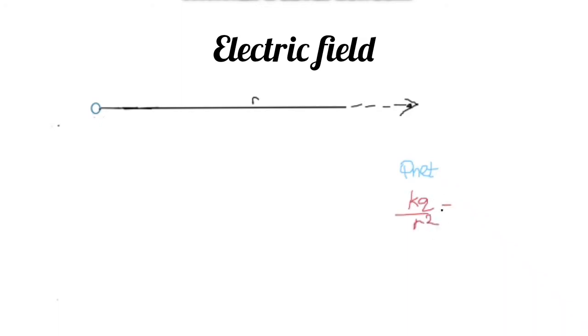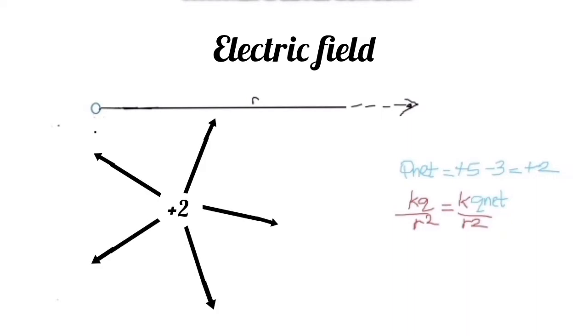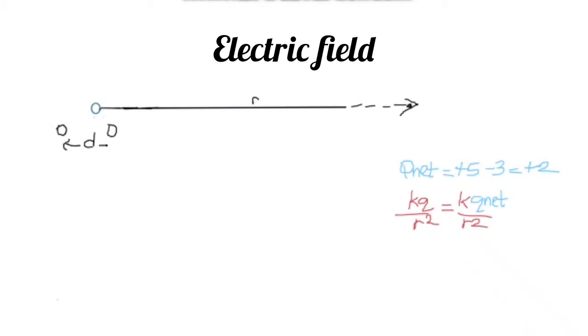Kq over r square will be equal to Kq net over r square. Q is the net charge, which is +5 minus 3, which is equal to +2, and r is the faraway distance, and the electric field appears radial, like it's coming from a single point charge +2. So we do not consider the separation distance for the two charges.